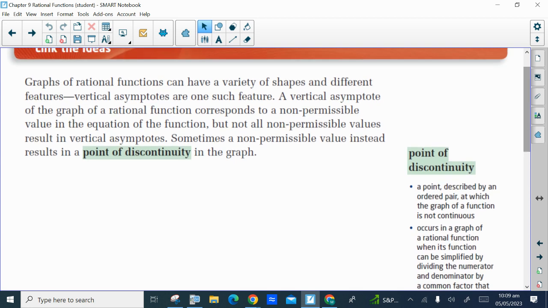So we've seen that graphs of rational functions have a variety of shapes and different features. Vertical asymptotes are one such feature. So this corresponds to a non-permissible value in the equation of the function, but not all non-permissible values result in vertical asymptotes. Sometimes a non-permissible value instead results in a point of discontinuity.